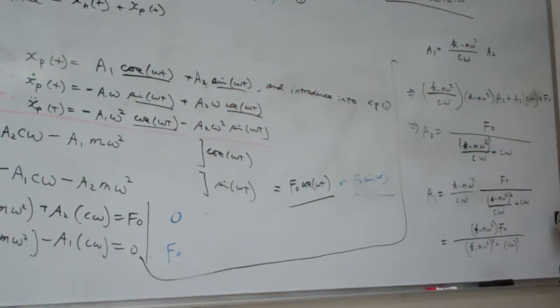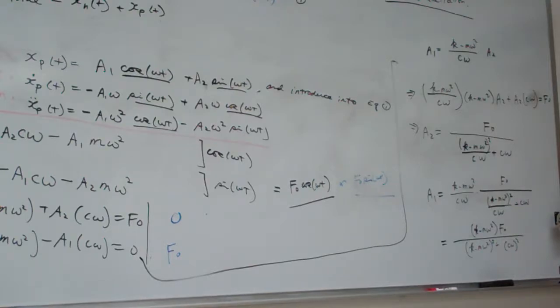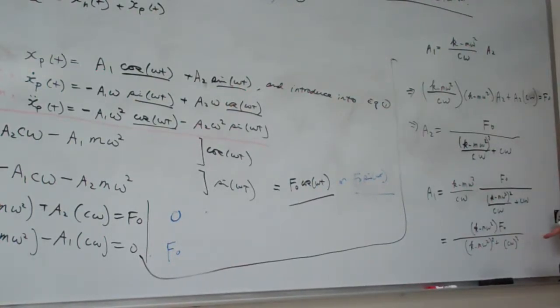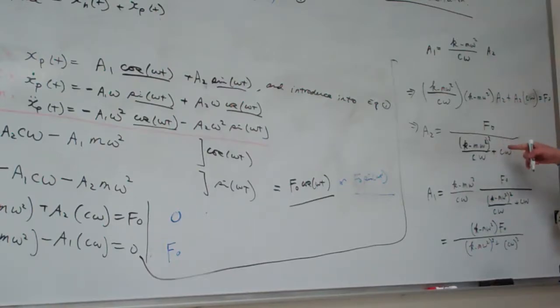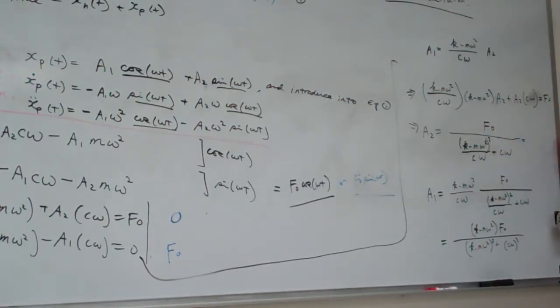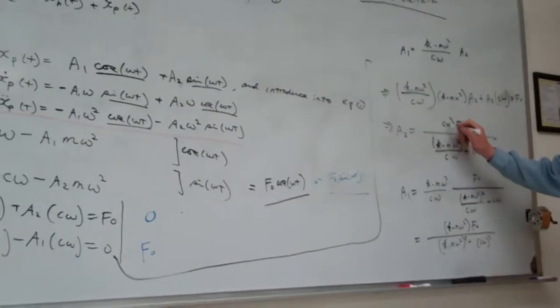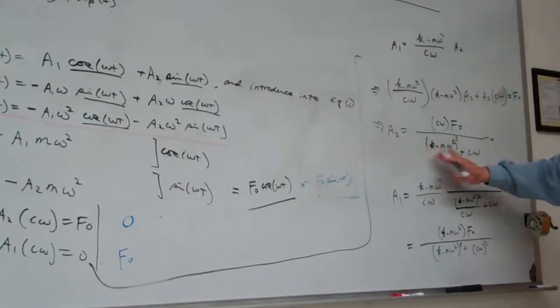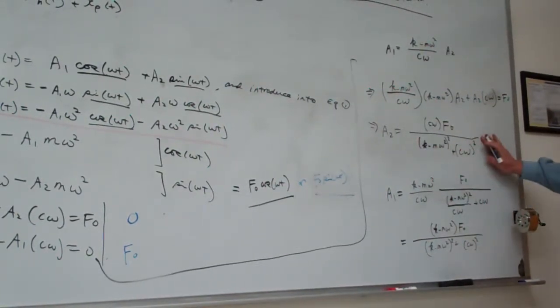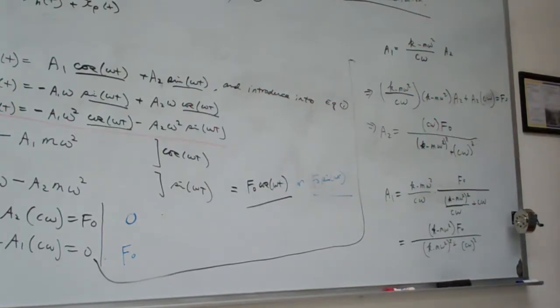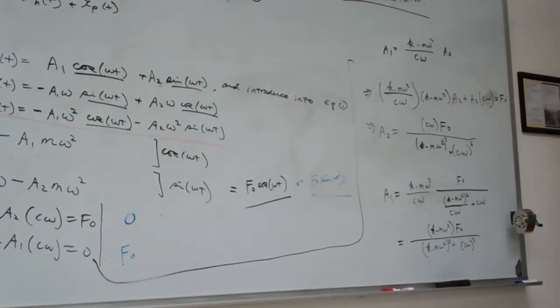So okay, that should be A1. And A2 from here, can I do this? I want to have A1 and A2 have the same denominators. So why not for A2 here? If you like, you can write one more, but here, let me take advantage of the whiteboard. I simply multiply the denominator and numerator with c omega. So that means this is c omega, and then this comes out squared. That okay? Good? Okay.